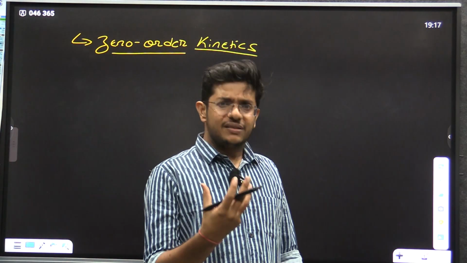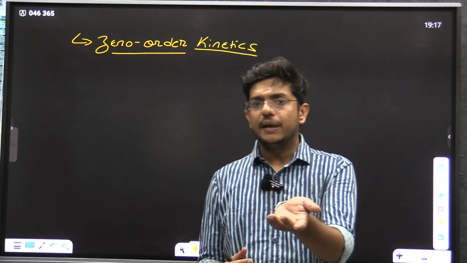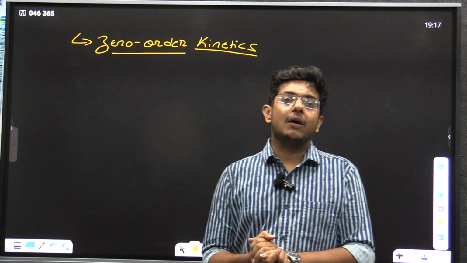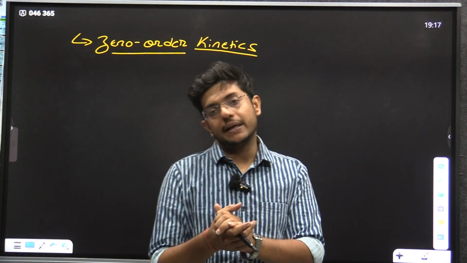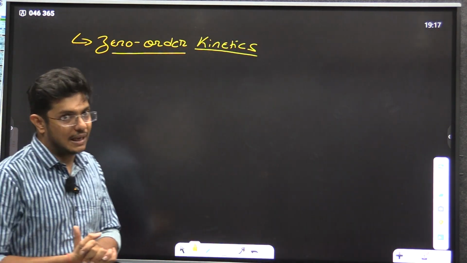First of all, what is actually zero order kinetics? Any reaction in which the rate of reaction is independent of the concentration of the reactants involved in the reaction, such reactions are known as zero order kinetics.